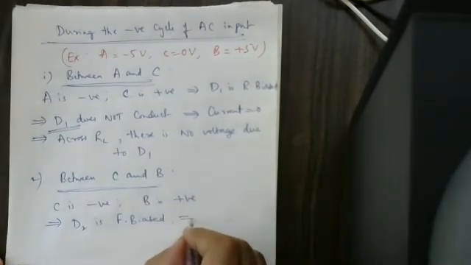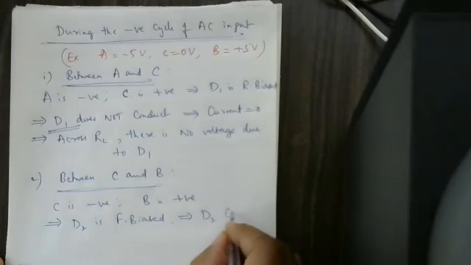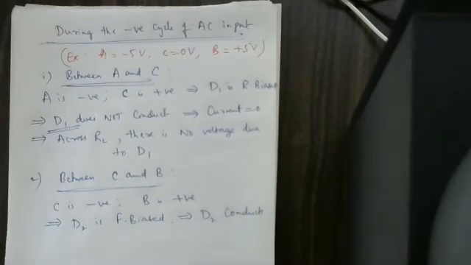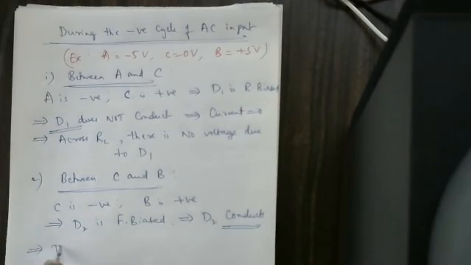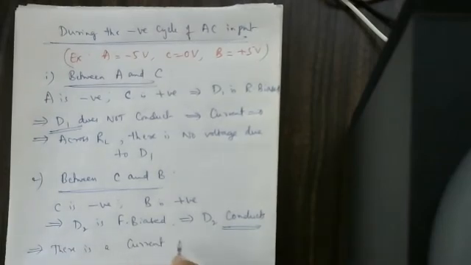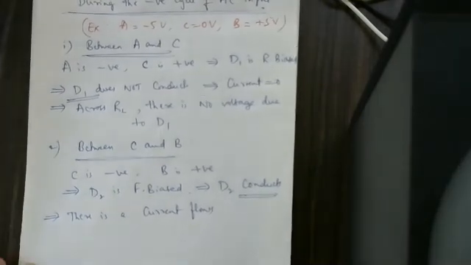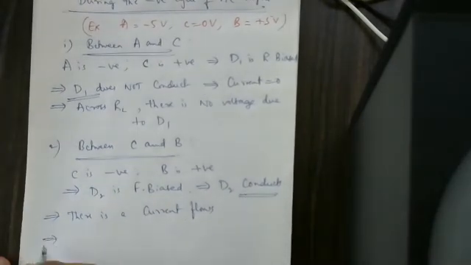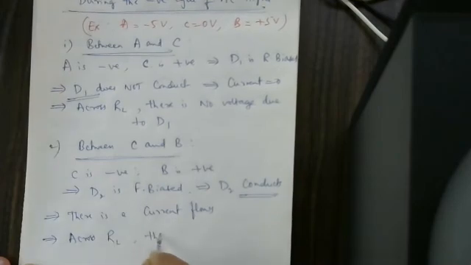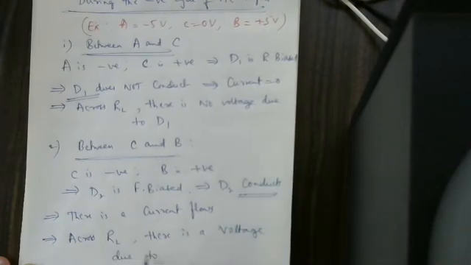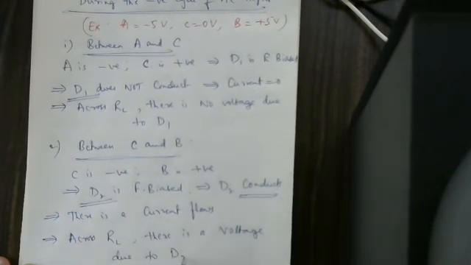D2 conducts. Yes, D2 is conducting here. There is a current which flows. If a current is flowing here, therefore, across RL there is a voltage. Due to which one? Due to D2.